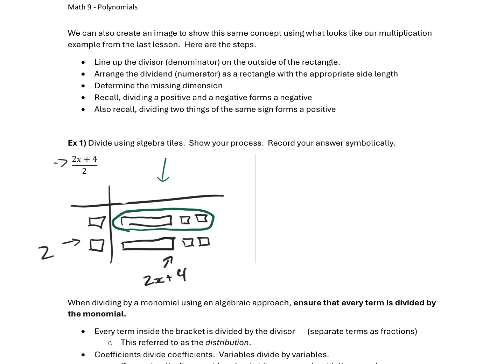So if I redraw it there, my quotient becomes x plus 2. If I gave you the multiplication 2 times x plus 2, and we multiplied that out, we would get 2x plus 4. So that is how we verify that.